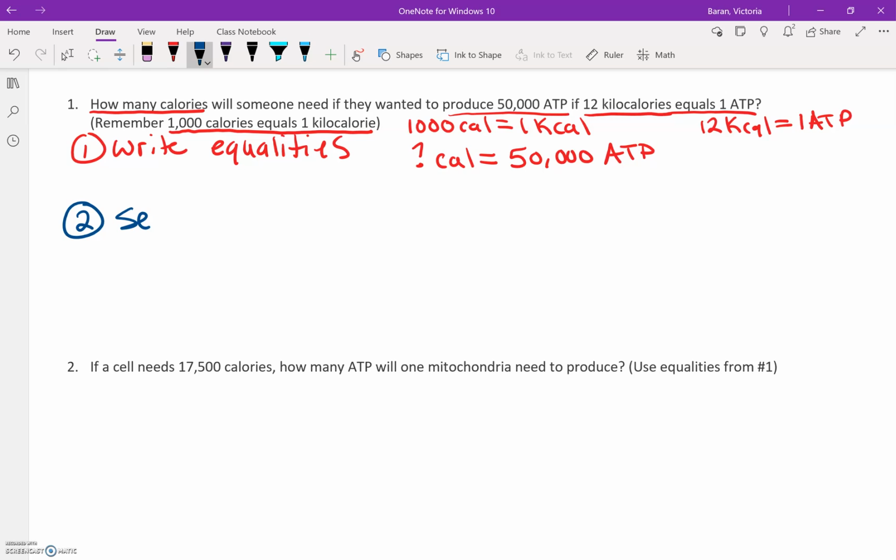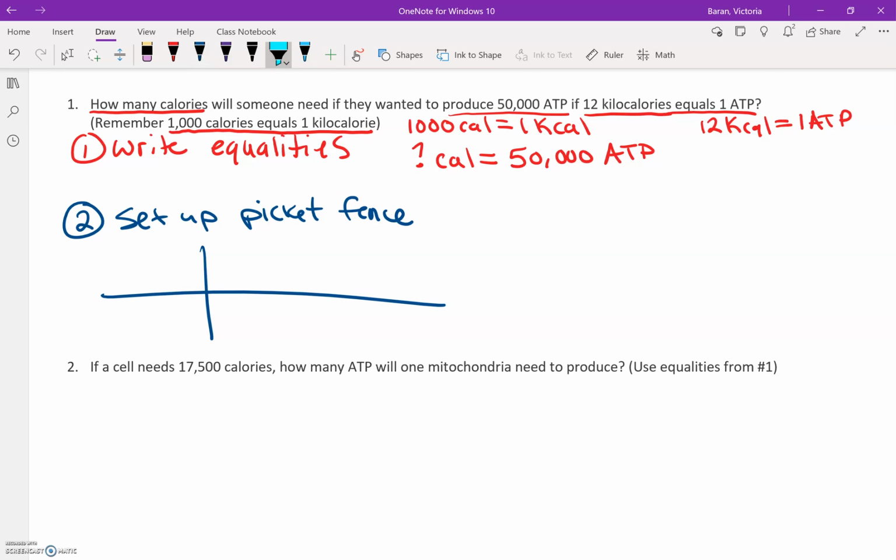The second step is to set up your picket fence. All right, so one thing to remember is what you need to start your picket fence with. So whatever the question mark is equal to, so question mark kcal equals 50,000 ATP.